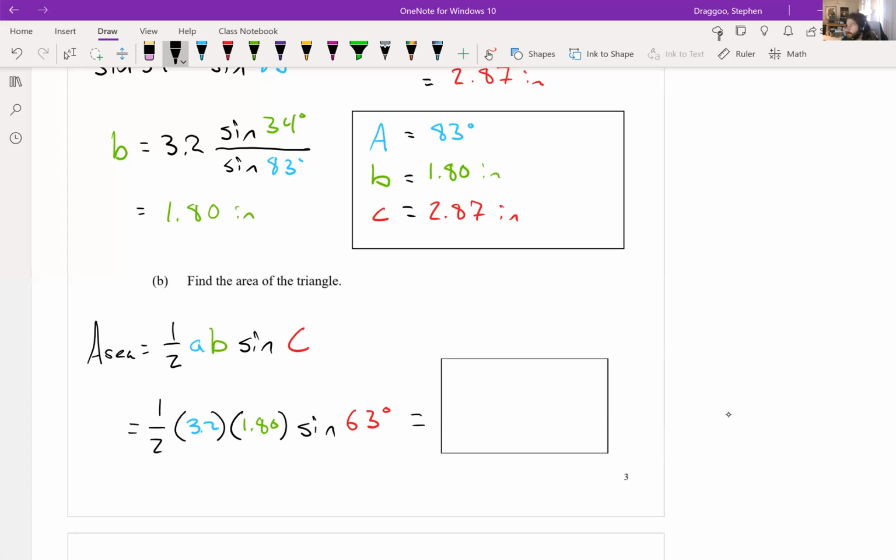There we go. And I got 2.57. That'll be in square inches.